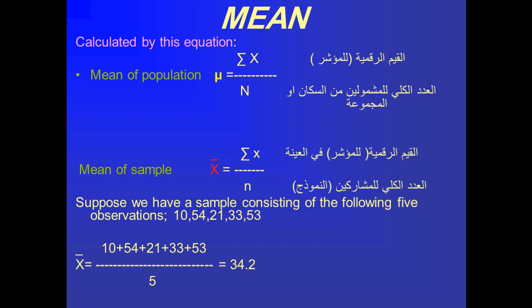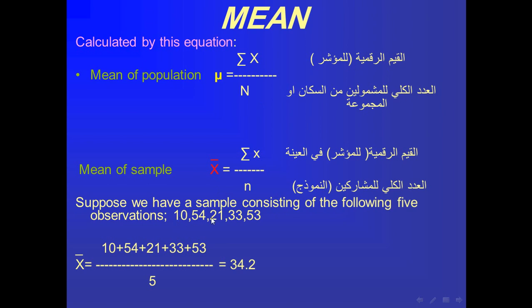Suppose we have a sample consisting of the following 5 observations: 10, 54, 21, 33, 53. So the mean, x with a bar, means the mean, and here we have to add these numbers together and divide by the total number of observations.